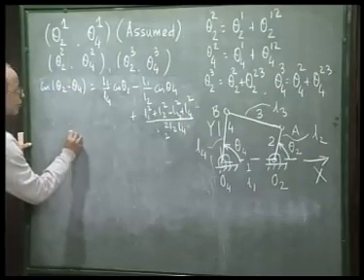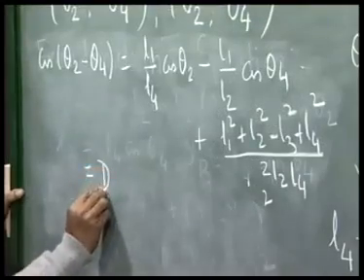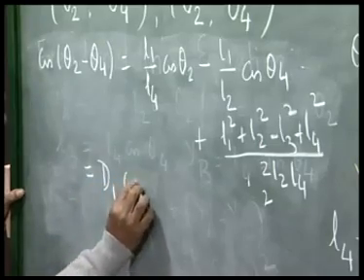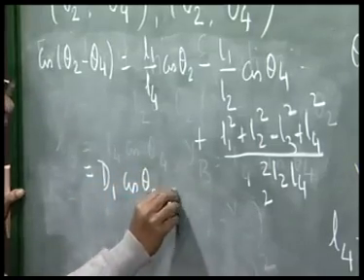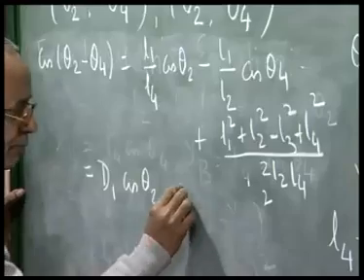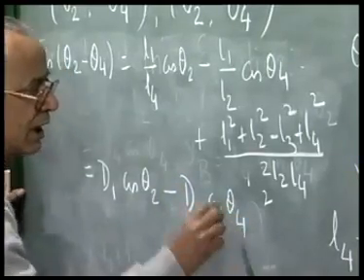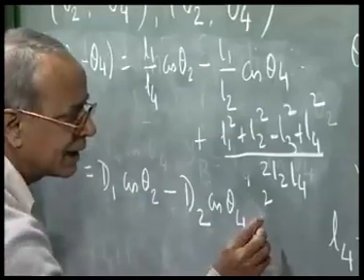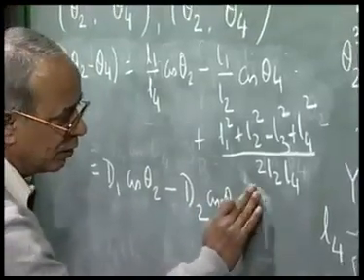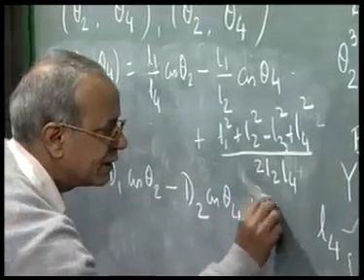We write L1 by L4 as a design parameter d1 with cosine theta 2, L1 by L2 as another design parameter d2 with cosine theta 4, and this quantity we write as another design parameter which is d3.